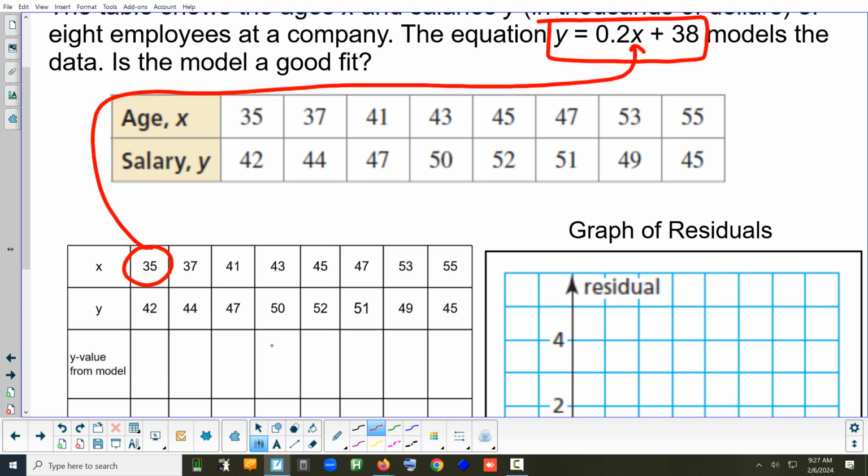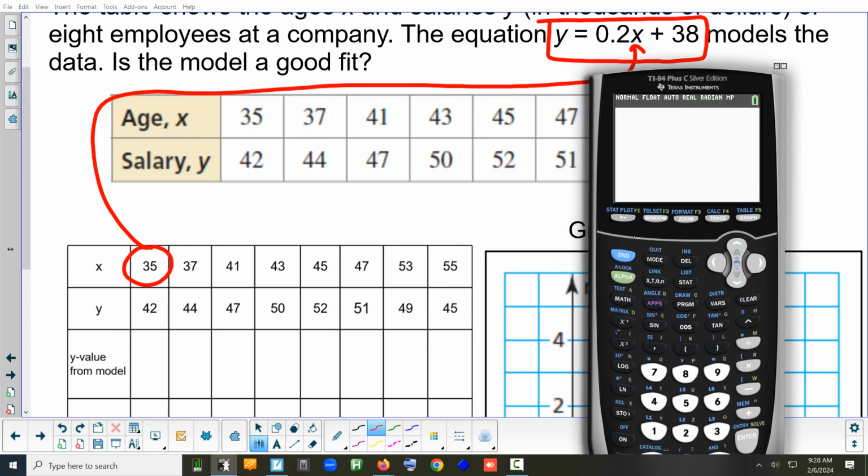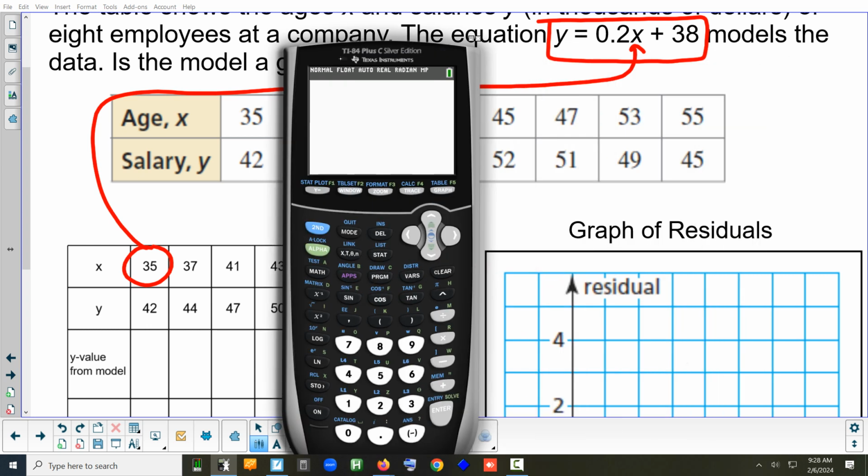Okay, let's do the first one together just to make sure everyone's on the right track. What's the first x value that they want you to plug in? 35. Yep, 35. So you're going to take 35, fill it in for x and see what you get.